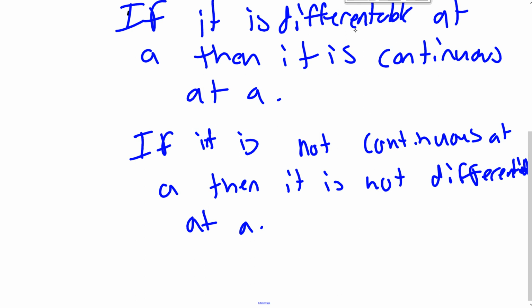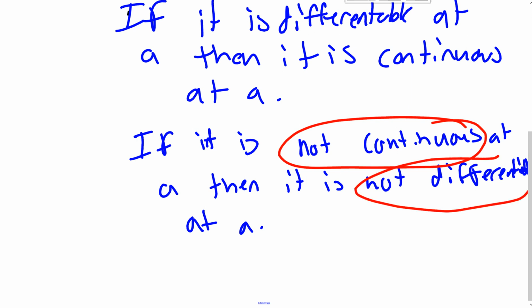So as long as you can find the derivative at some x value, then it's differentiable at that x value. And if it's differentiable at that value, then it's also continuous at that value. And if it's not continuous, then it's also not differentiable. So if it's not continuous, which we already know from the last chapter, what it means to be continuous, right? So if it's not continuous, then it's not differentiable.